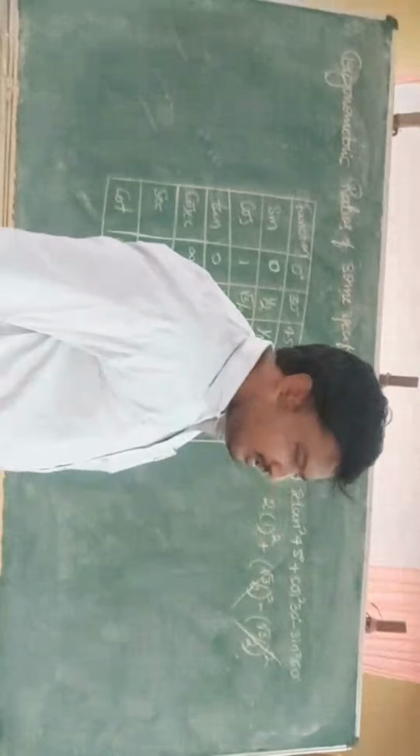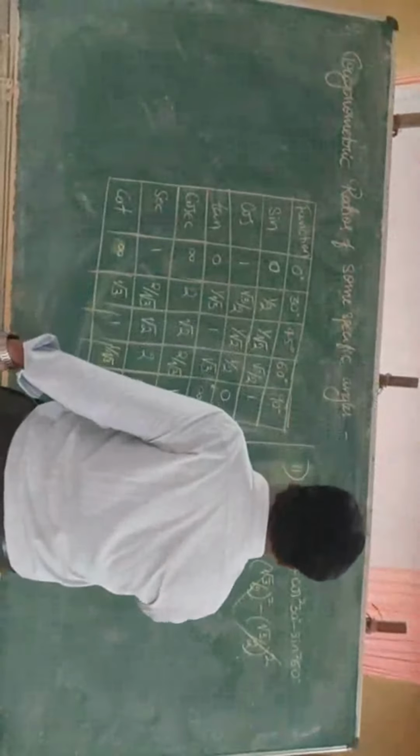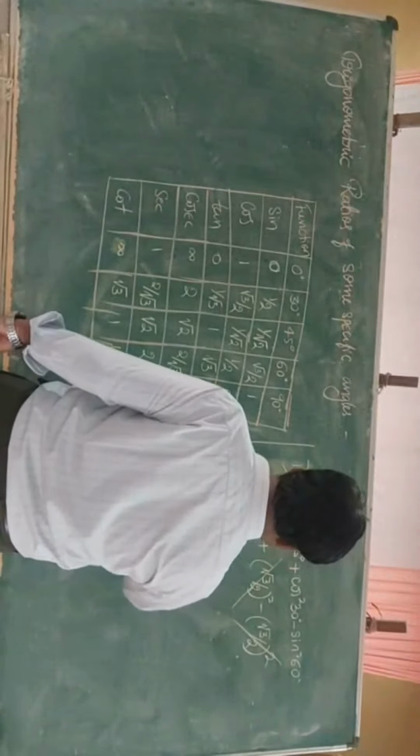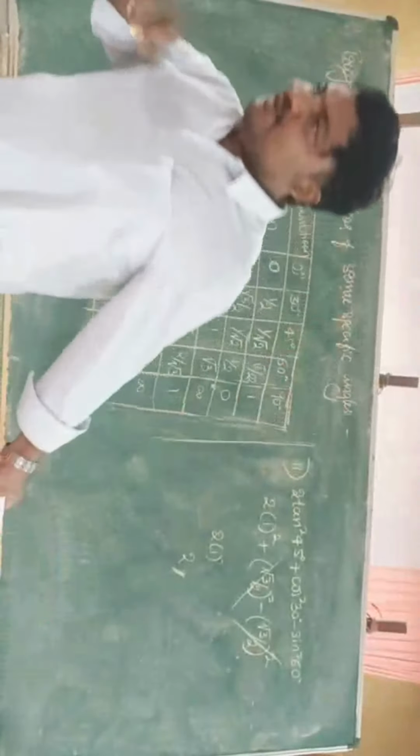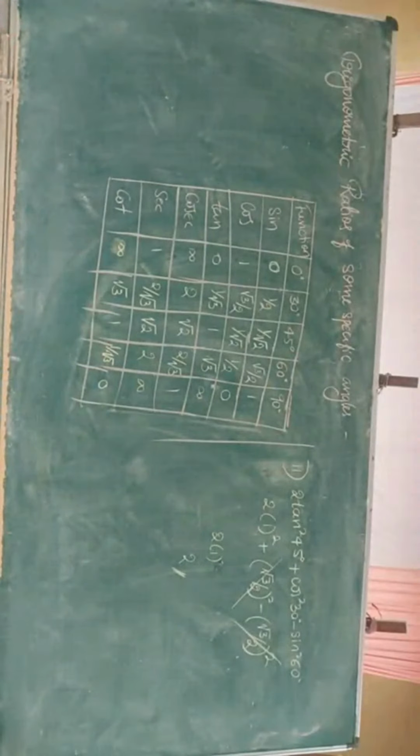Plus root 3 upon 2 minus root 3 upon 2 get cancelled. 2 into 1 square is 1, 1 square is 1, 2 under 2. 2 is the answer. How many of you got this answer? Almost all. See, you also got it, but only it is difficult.